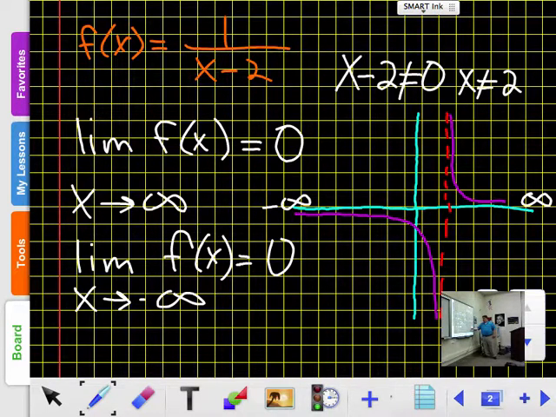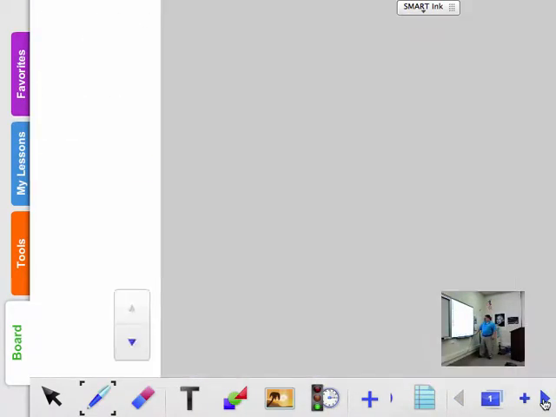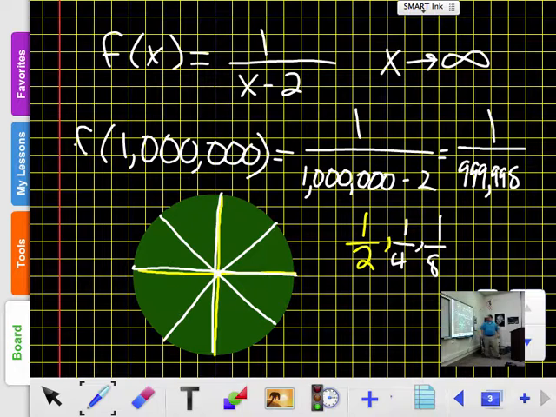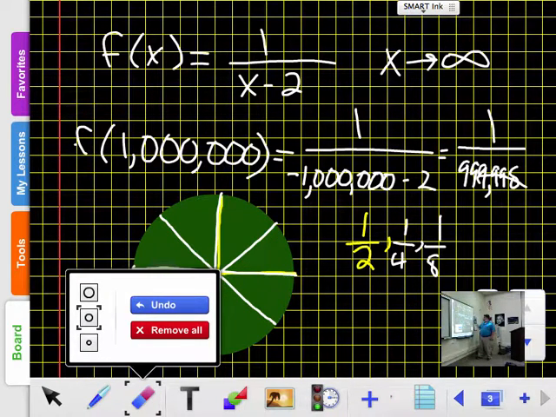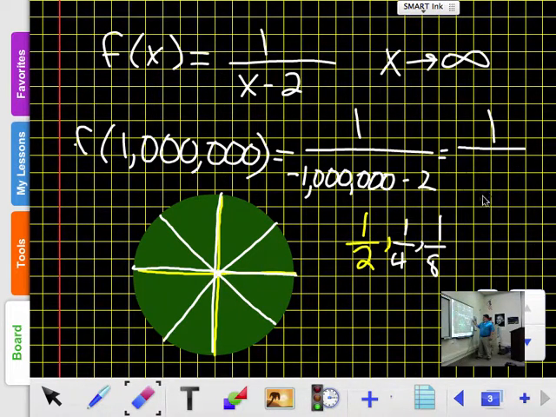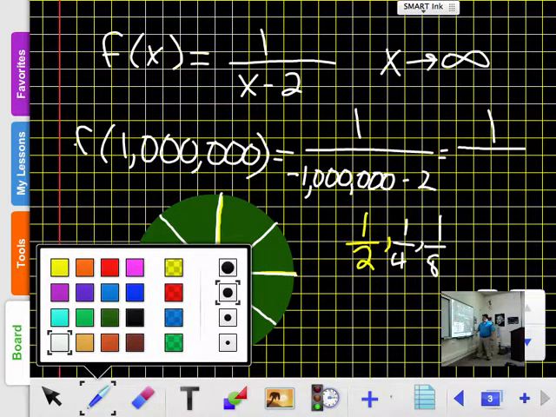Now, if you say, well, we get the same type of behavior when we go towards negative infinity. Well, that's true. The only difference is, if I make this minus 1 million, what does this become? It's like negative 1,000,002, right?